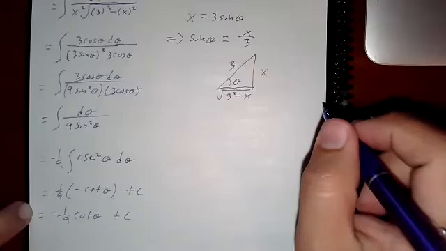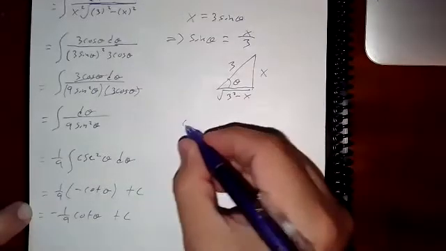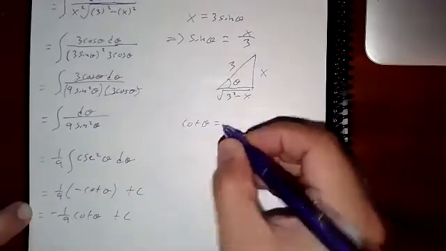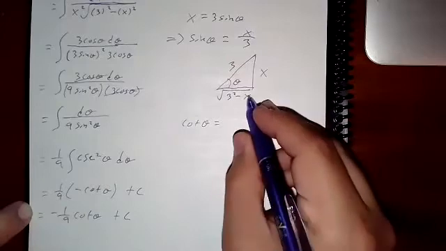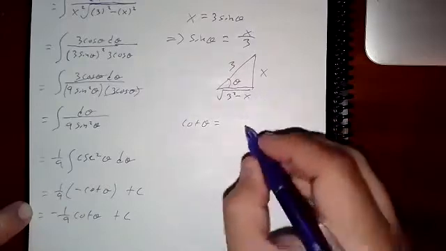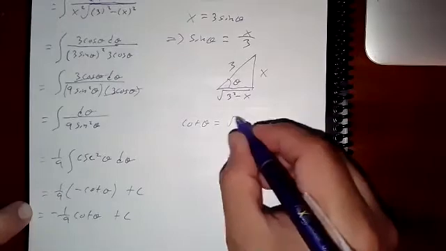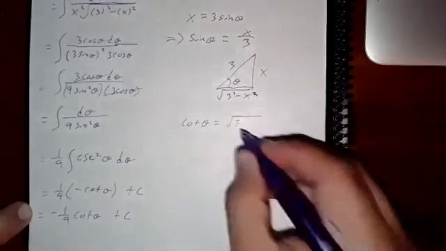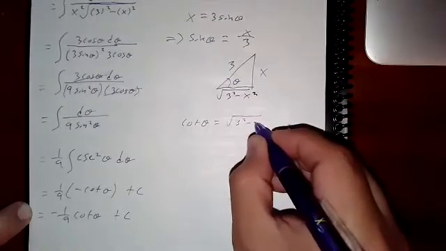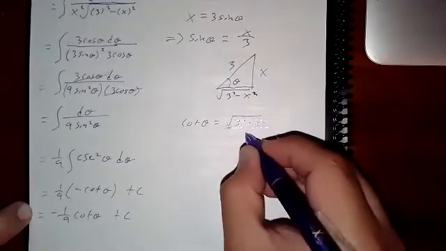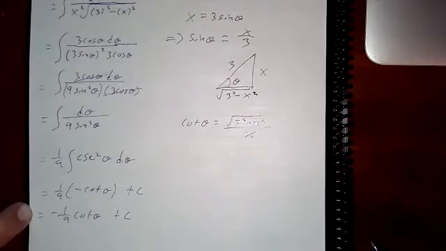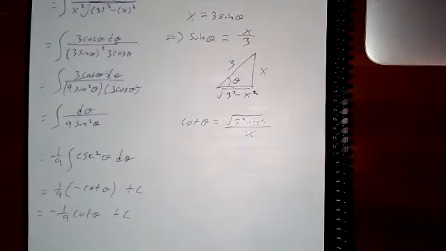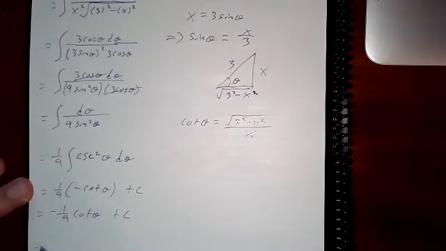So then, what is cotangent? Cotangent theta is going to be adjacent over opposite, so it would be this here. That should be squared. So then replace that guy.